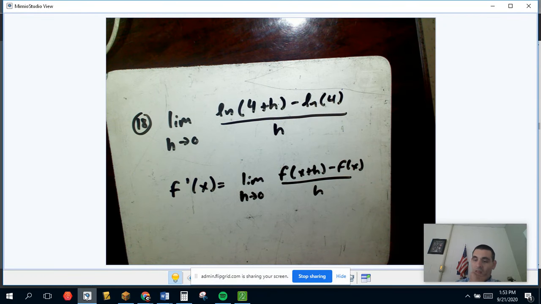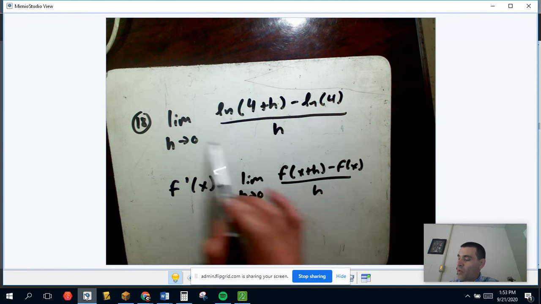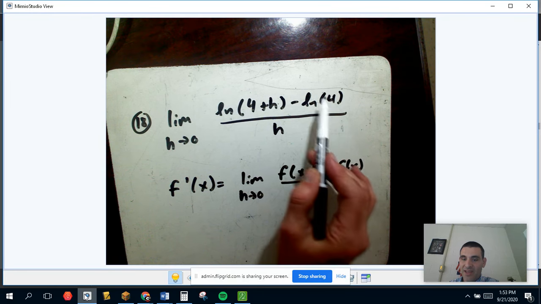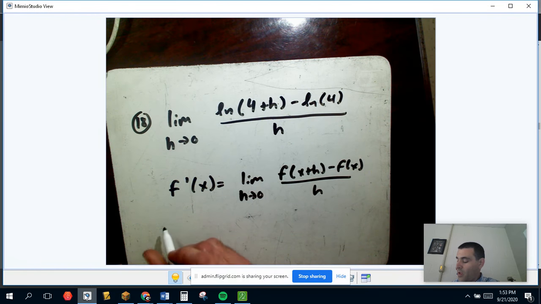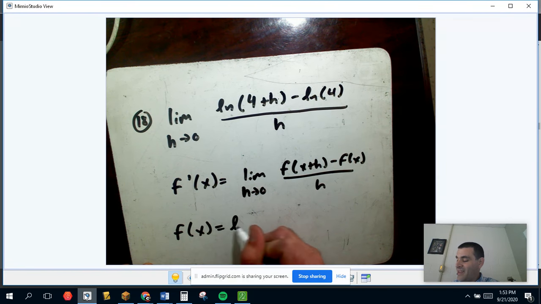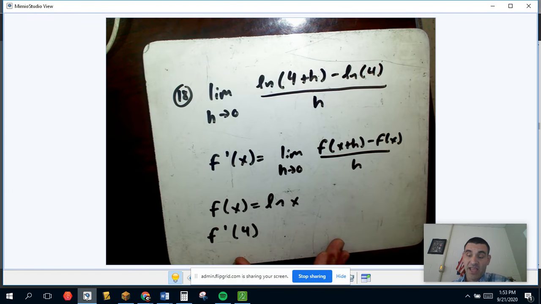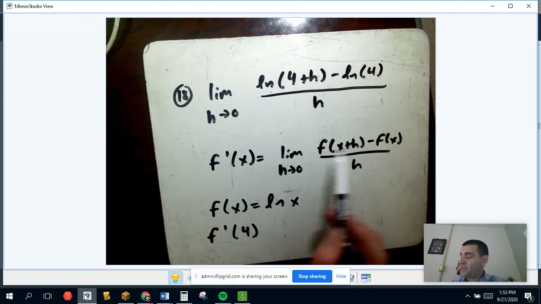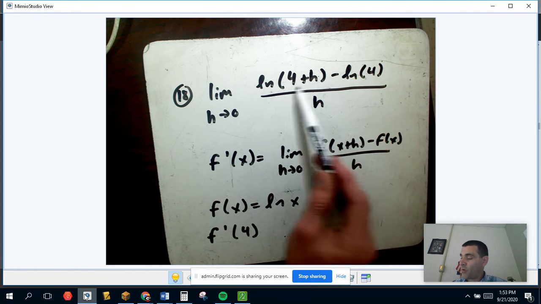So looking at it here, this appears to be an f of x being the natural log of x, and we're specifically looking for f prime of 4. It's just knowing the definition of the derivative, because you can see natural log where f is and 4 where x is.